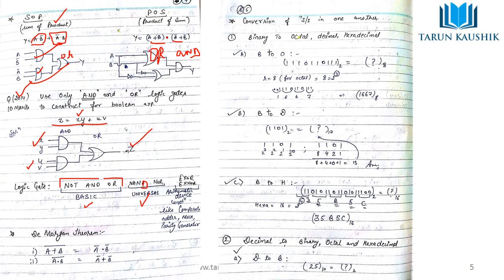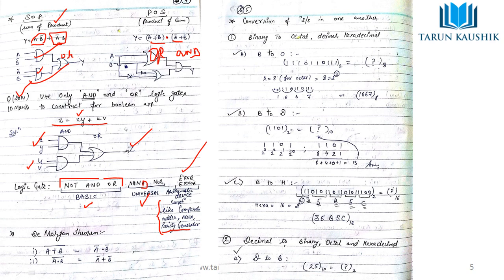XOR and XNOR we have already talked about. They are used for arithmetic device construction like comparators, adders, multiplexers, demultiplexers, and parity generators. So there are various high-level applications of these logic gates, XOR and XNOR.